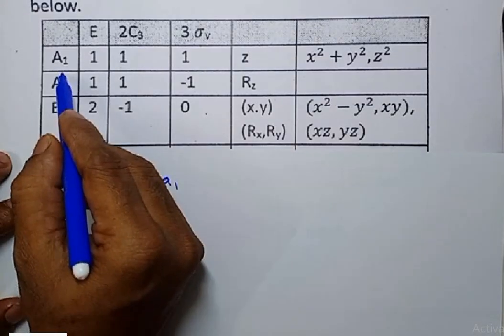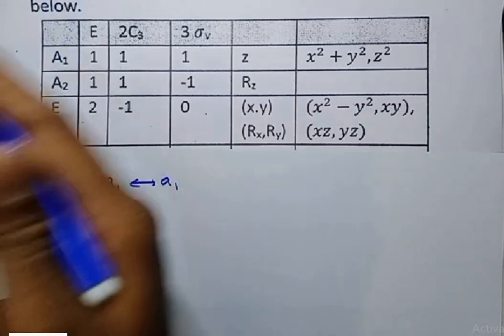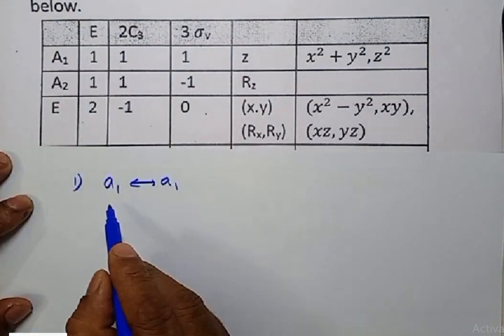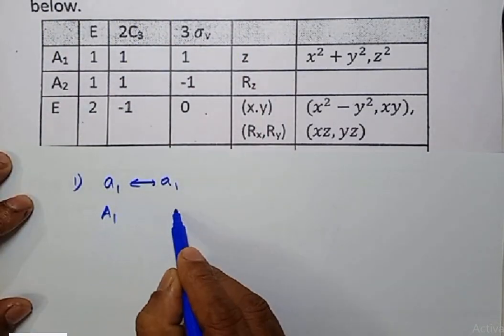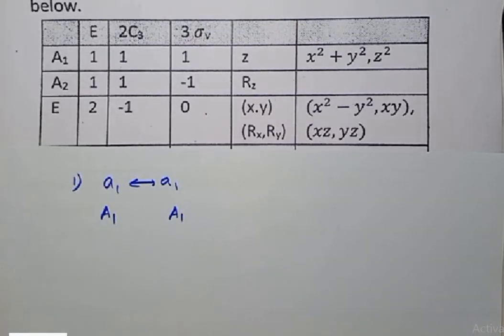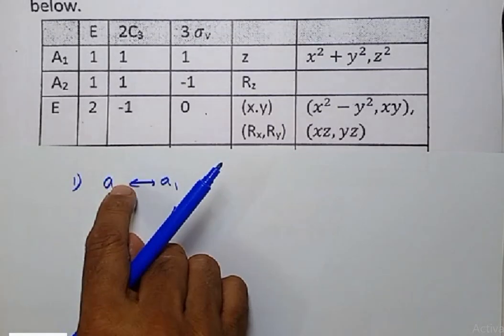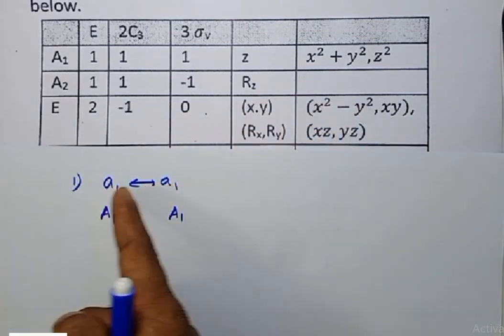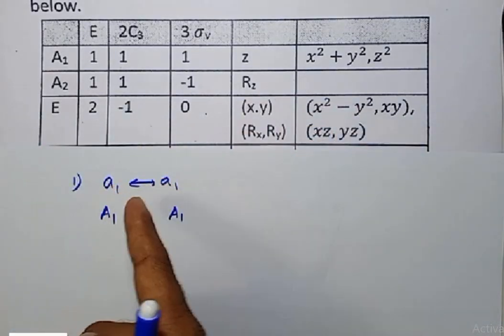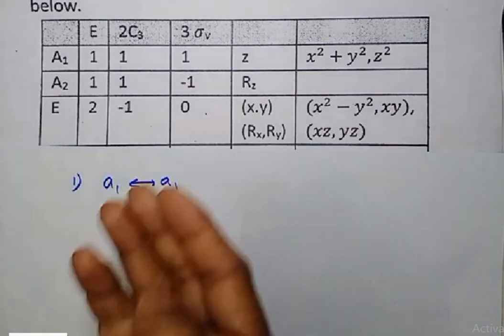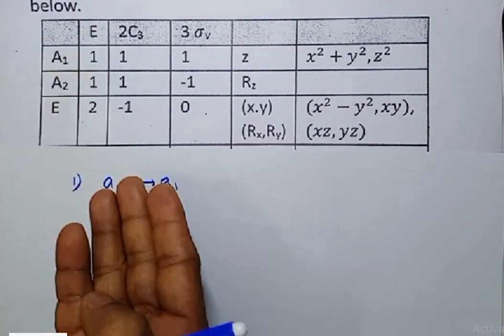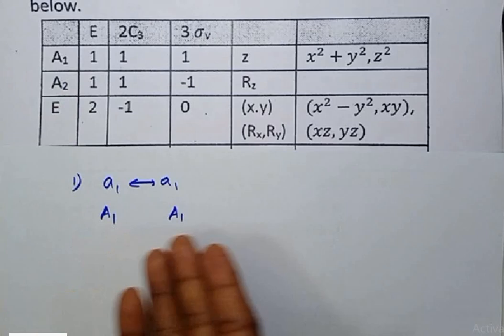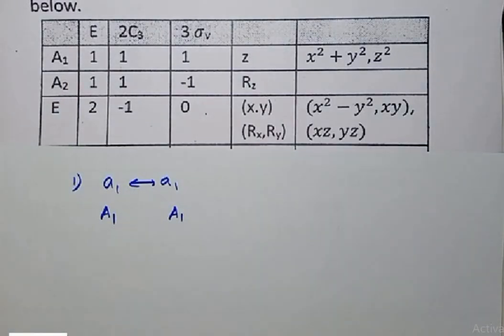But in the character table, those symbols are actually capital A1. So instead of small a1, you put capital A1. While writing for molecular orbitals, for an electronic transition, we use small letters, but in the character table, the corresponding irreducible representations are given as capital A symbols.